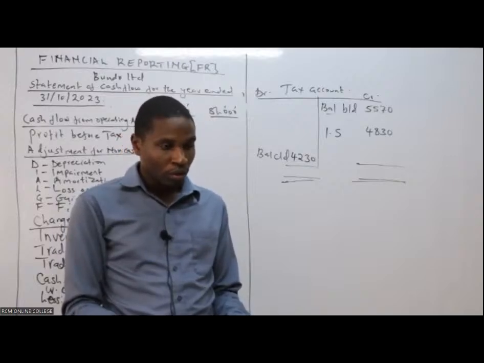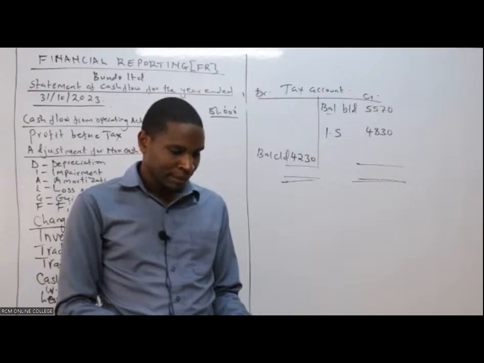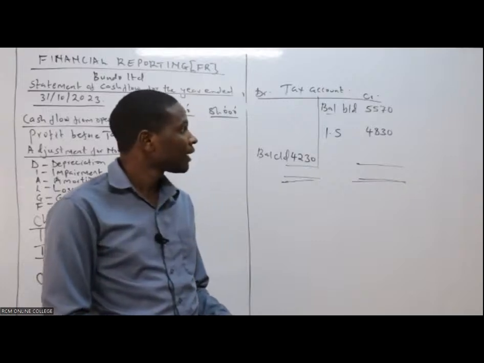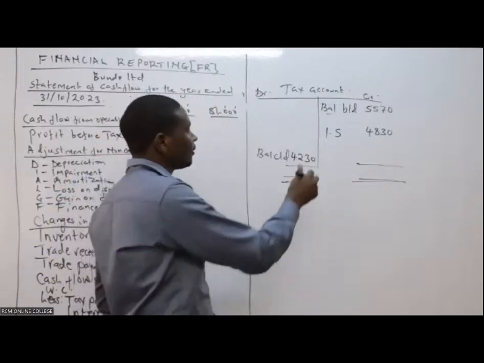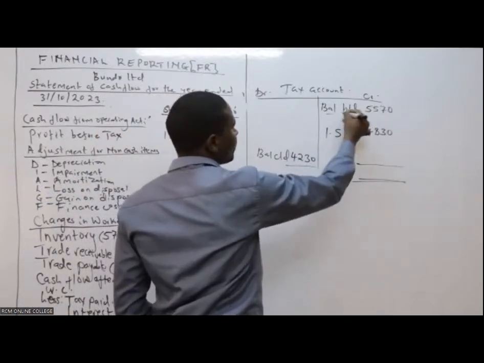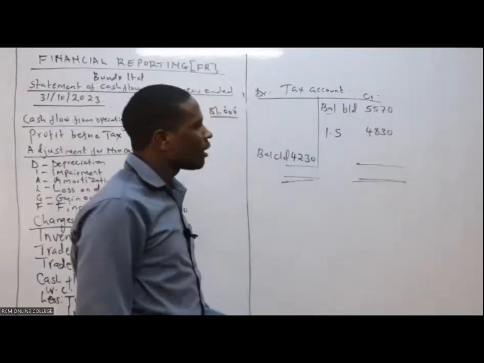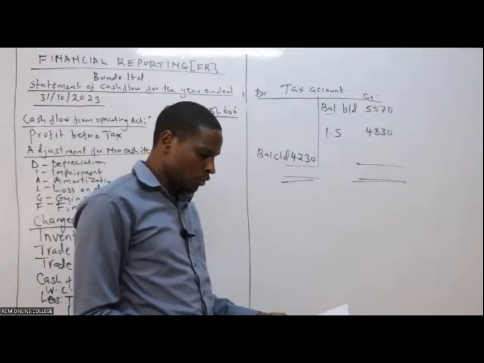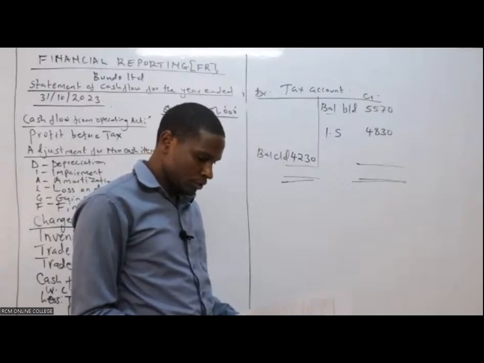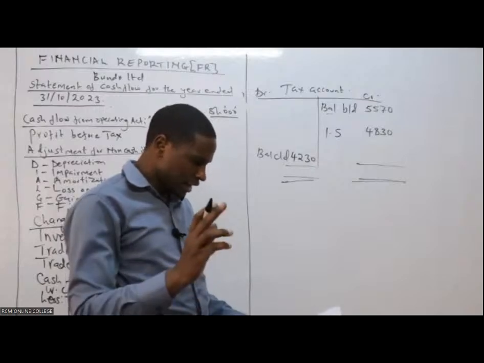Oh, there's something nimeona. Kumbe tulikuwa mpaka na deferred tax. Nipatie mpaka hizo balances za deferred tax. Deferred tax hii ni ya current tax. Nipatie balance brought down ya deferred tax. Hii ilikuwa moto. This was fire. Nipatie hiyo ya deferred tax.